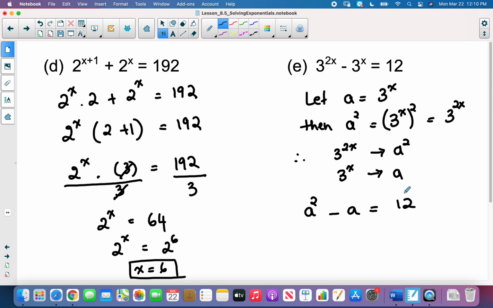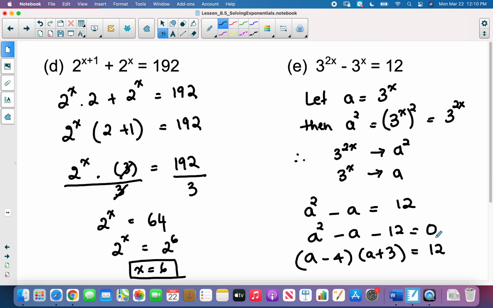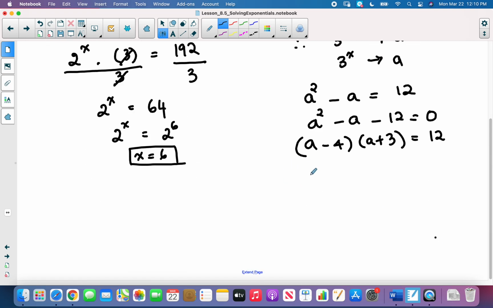I did that because it can help me see this as a quadratic equation in a. So a squared minus a minus 12 equals 0. This might be factorable. This would be a minus 4 times a plus 3 equals 0. And so therefore a is equal to 4 or a is equal to negative 3.